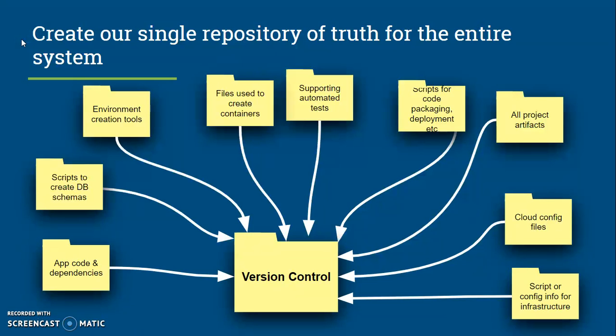So in order for version control to be effective, we need to have virtually everything associated with our code in this file. As is listed here on the screen, we need the app code and dependencies. We need the scripts that create the database schemas. We need the environment creation tools, files used to create containers, supporting automated tests, scripts for code packaging and deployment, any other associated scripts, any project artifacts, cloud config files, and scripts or config info for the infrastructure in the version control file.